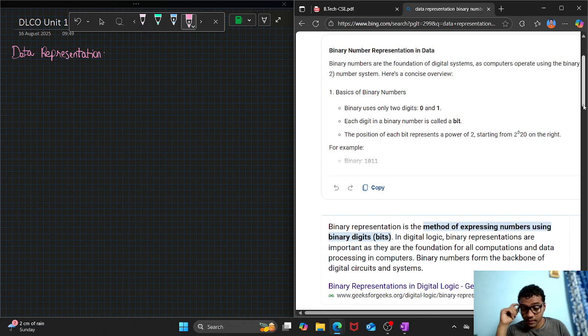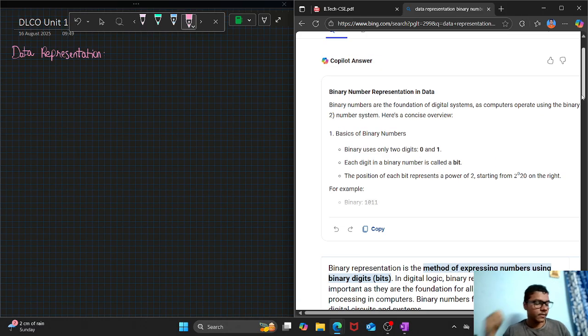Binary bits: it is the way of representing using binary bits. I think we already know this before, but I'm just writing it here.